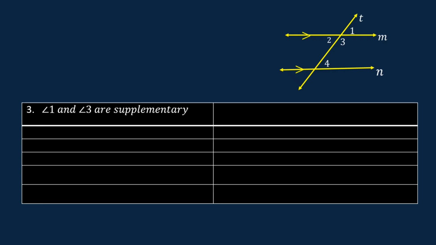Statement number 3. Angle 1 and angle 3 are supplementary. The reason, if two angles form a linear pair, then they are supplementary. In statement number 2, we said that angle 1 and angle 3 form a linear pair and therefore they are supplementary.